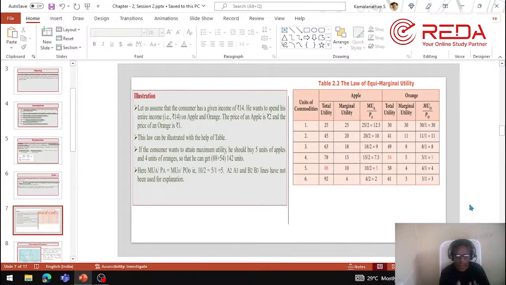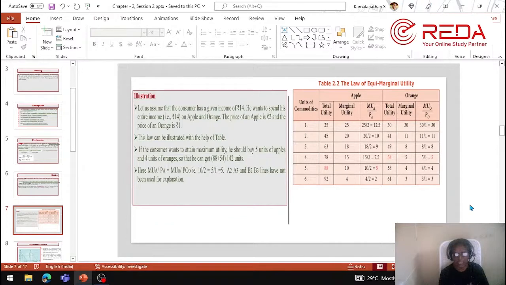See here, in the tabular column, we are taking both the commodities and their total utility and marginal utility. And we are going to see how far the price level of the commodities apple and orange is going to influence the consumer's satisfaction level. Okay, so the first column is units of commodities, 1, 2, 3, 4, 5, 6.